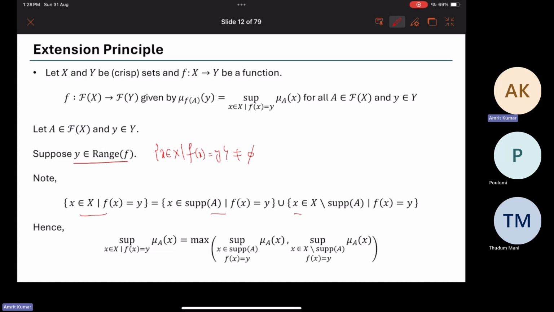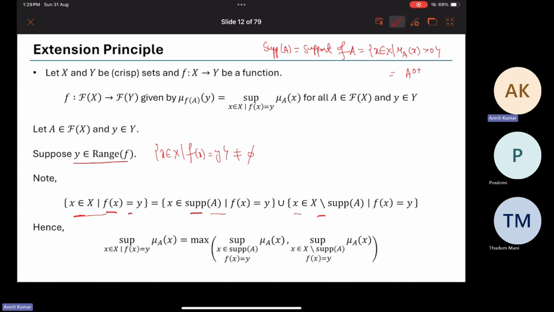First of all, I hope everyone remembers that this is the notation for the support of A. And this is basically all those points in X where the membership value is strictly greater than zero. We also saw in one of the previous sessions that this is nothing but the strict zero cut of A. So anyways, the set of all x such that f(x) equals y can be written as a union of these two sets.